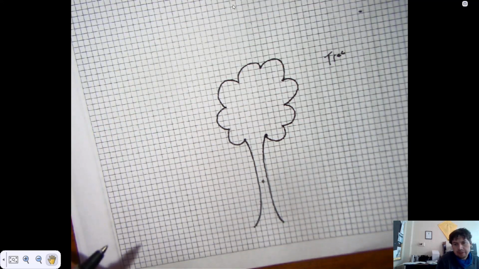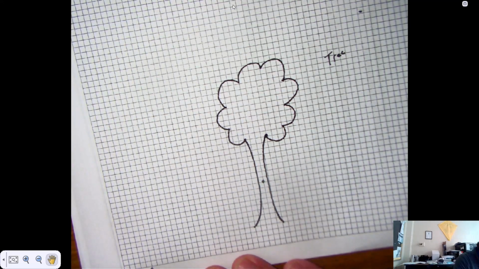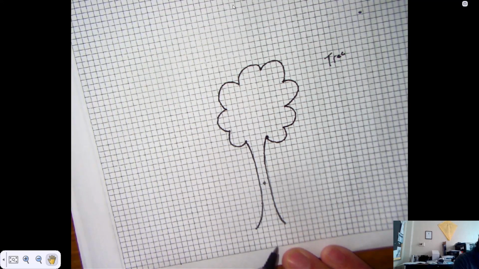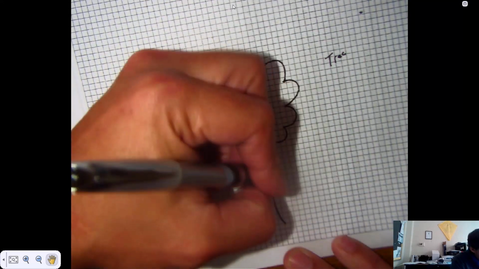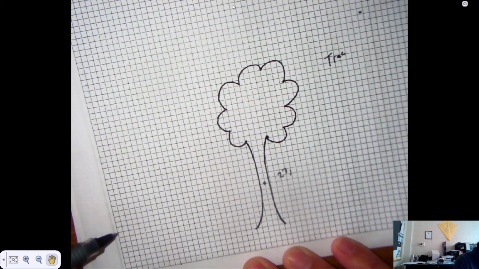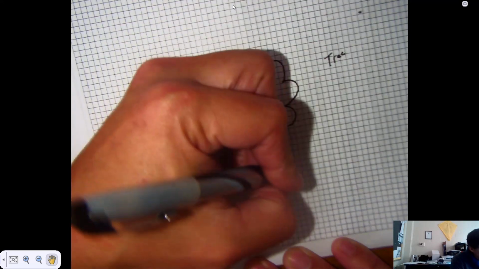But I would dare say that's the center of the hyperbola. Let me do some quick counting here. 5, 10, 15, 20, 25, 27. Pretty sure it's at an x value of 27, and a y value of 12.